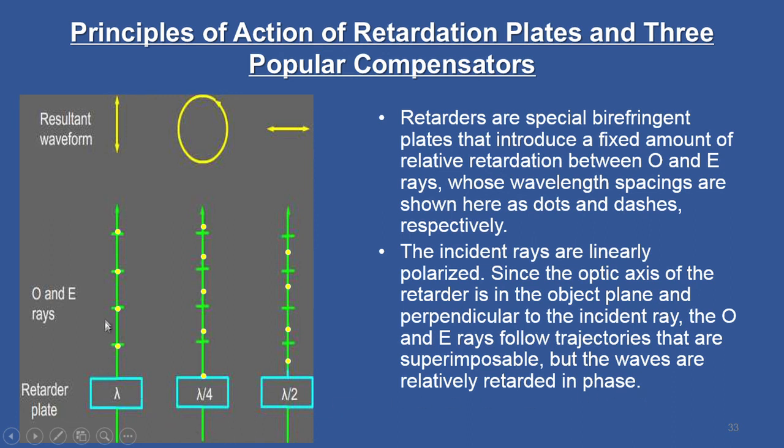So, you can see that both rays, ordinary and extraordinary, have a similar wavelength, but if they are retarded by lambda by 4, then you will see the waveform here, and if it is lambda by 2, it is a completely different orientation compared to the incident waveform. So, this is how the retardation plate operates.